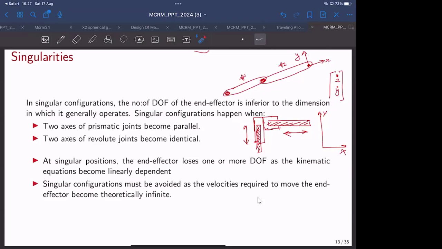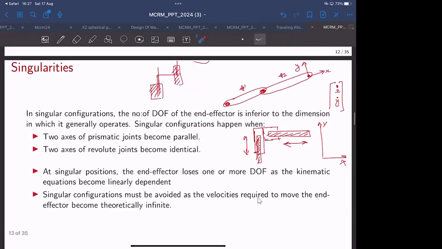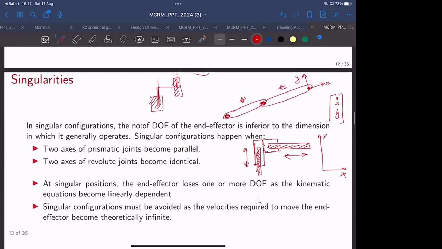Yeah, and similarly in the case of a revolute joint. If this is one revolute joint, right? And if this is another revolute joint, and this is a link, so if both of the revolute joints coincide with each other instead of this small distance, what happens if you rotate this revolute joint and if you don't rotate this?